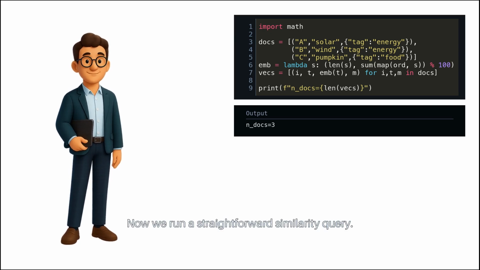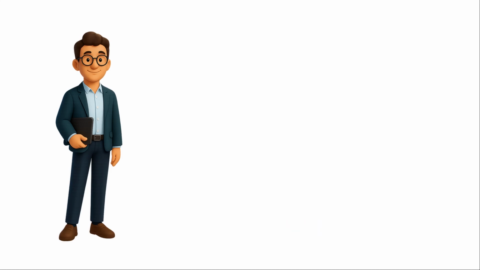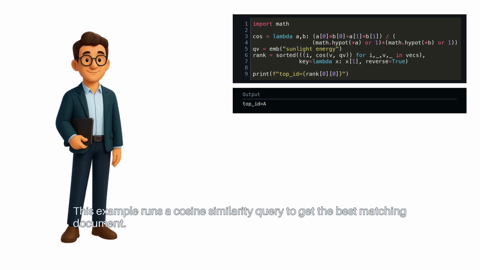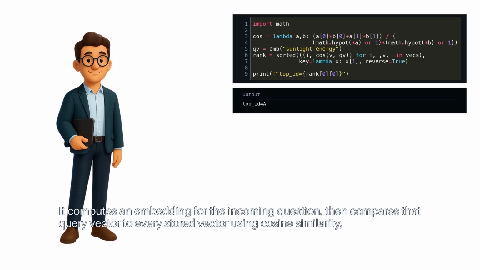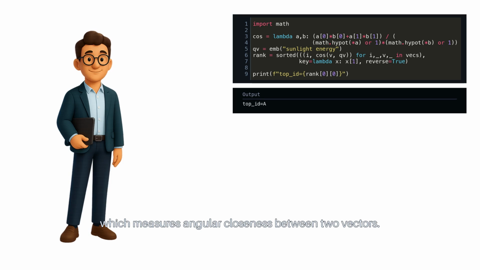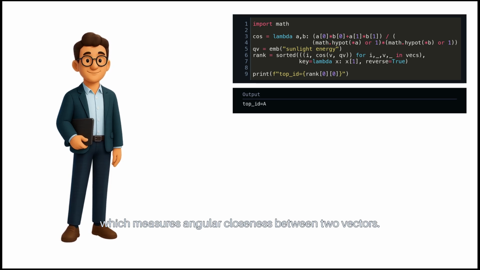Now, we run a straightforward similarity query. This example runs a cosine similarity query to get the best matching document. It computes an embedding for the incoming question, then compares that query vector to every stored vector using cosine similarity, which measures angular closeness between two vectors.